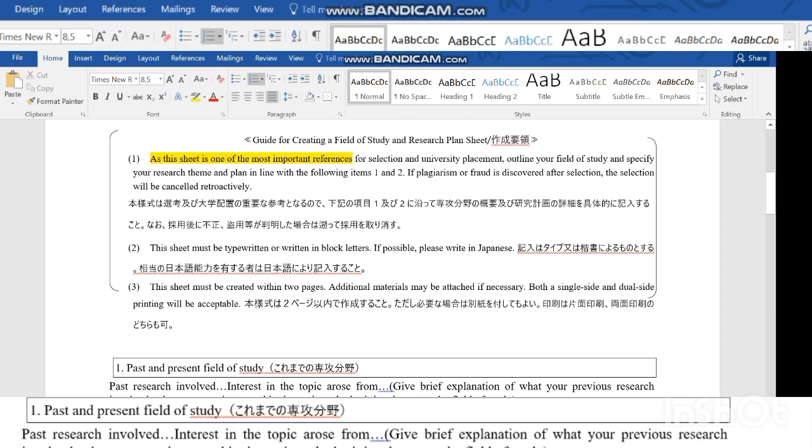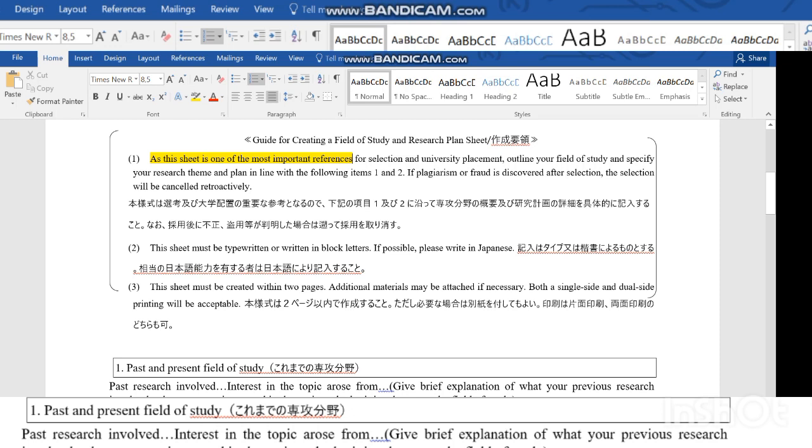If plagiarism or fraud is discovered after selection, the selection will be cancelled retroactively. This sheet must be typewritten or written in block letters. If possible, write in Japanese. This sheet must be created within 2 pages. Additional materials may be attached if necessary. Both single side and dual side printing will be acceptable. For those handing in hard copy documents, you can do both.